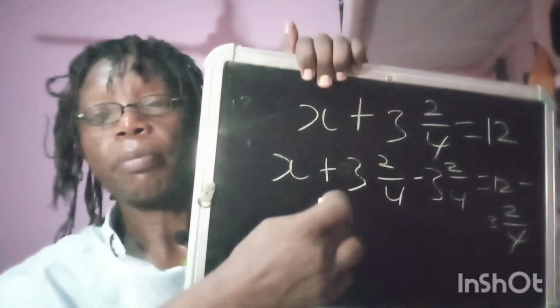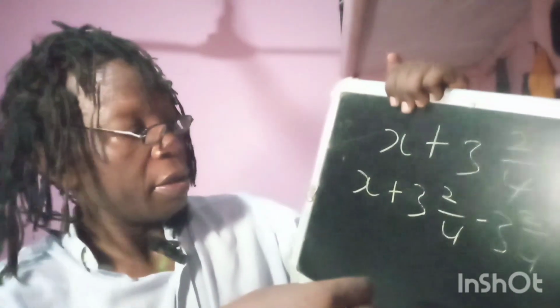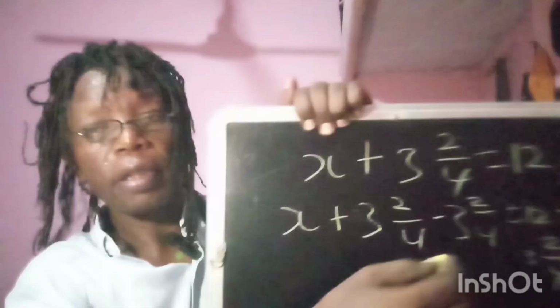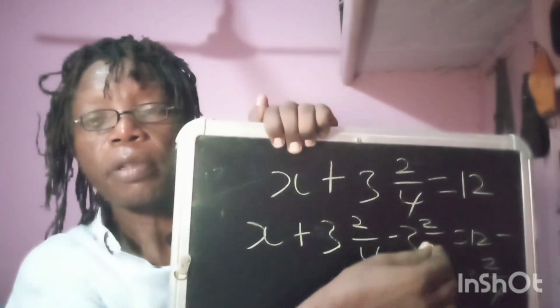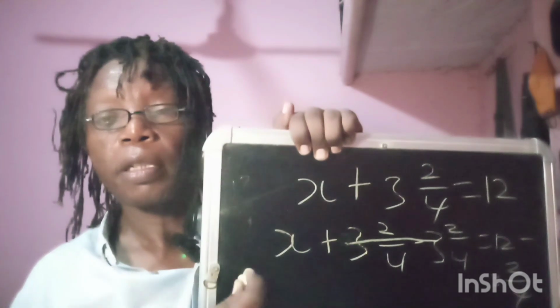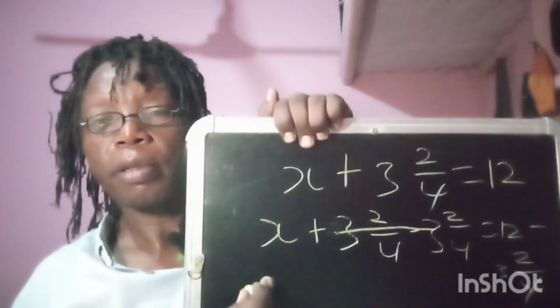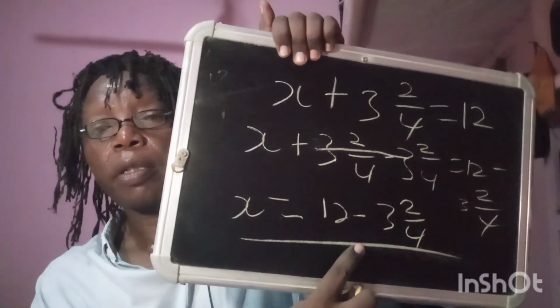There's no space, I moved it down here, but I'm doing basically what we have been doing. So you can see that these values are going to cancel. They're going to isolate x here, which will be equal to the equal sign. In other words, x will be equal to 12 minus 3 and 2 over 4 as the answer.